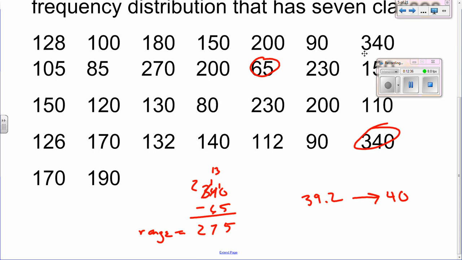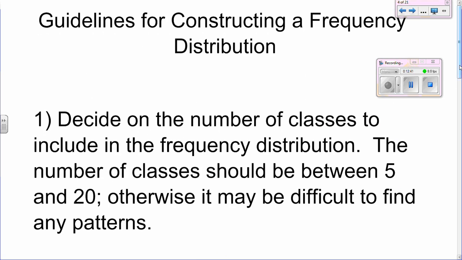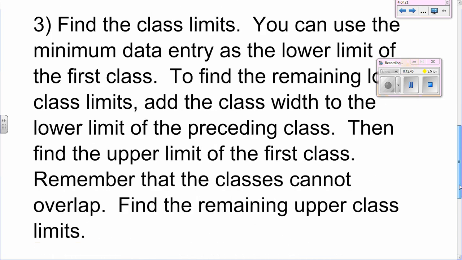So the next step is to find our lower limit by using the minimum data entry as the lower limit of the first class. Then you find the remaining lower class limits. So that's how I do it.